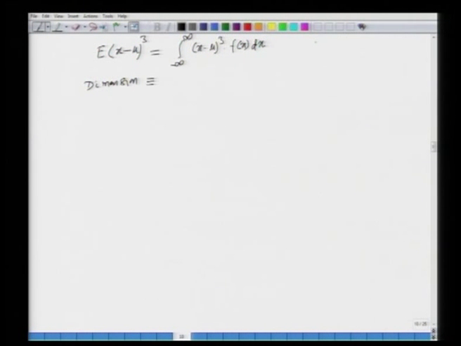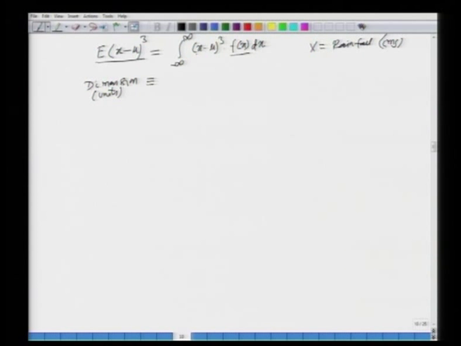For example, let us say your random variable is rainfall. All right. So, what is the units of rainfall? Well, let us say it is centimeters or inches or whatever. So, what will be the units, let us say, of your expected value of x minus mu to the power 3? If you look at this equation, this is dimensionless of course.